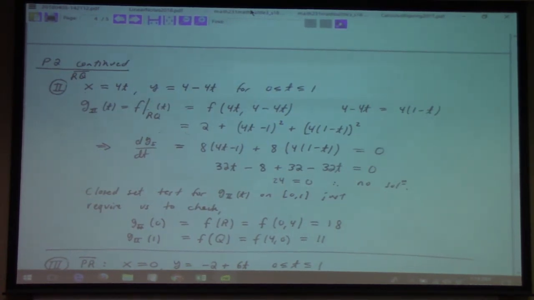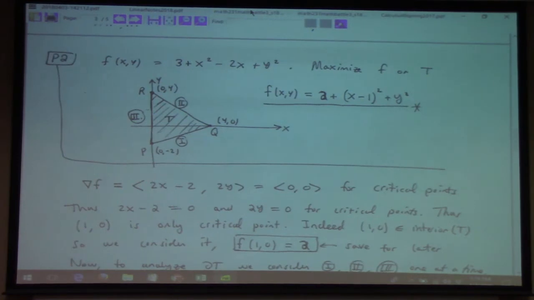Oh. But maybe that's a good question. (x minus 1) quantity squared means I'm adding 1, so I take away 1 from that, which gives me the 2. And the y squared is just still there. So then I was putting x equals 4t, and so I got (4t minus 1) squared there, and y was equal to 4 minus 4t.